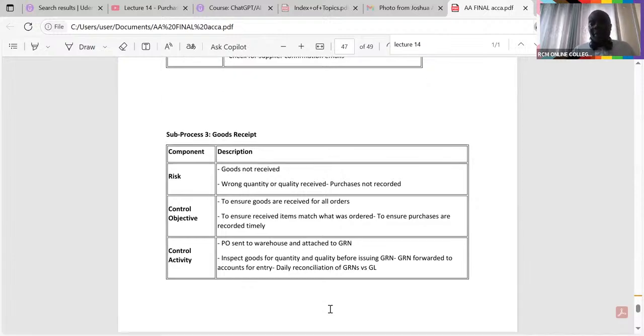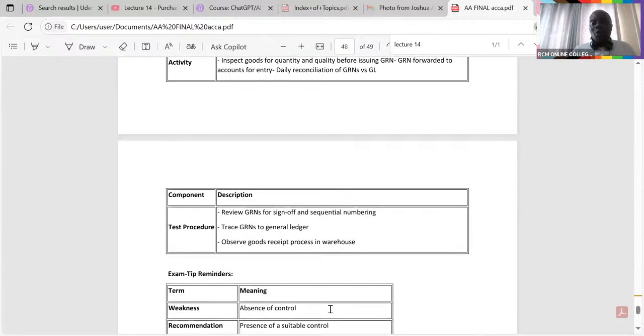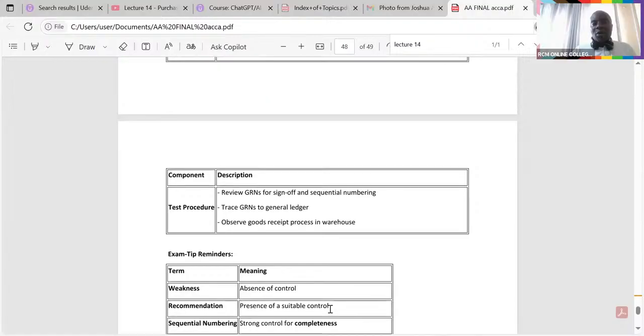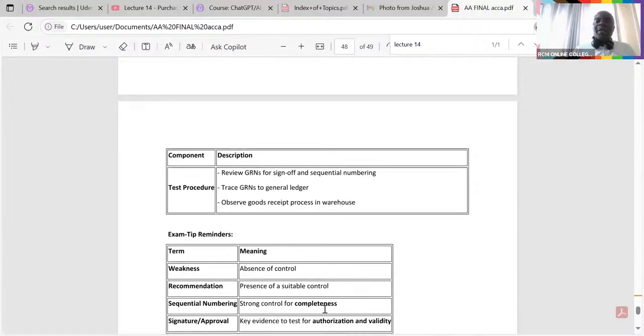Now, ladies and gentlemen, from there, I will be able to come in now as an auditor, as Aura and Co. What am I looking at? As Aura and Co., what I'm looking at, ladies and gentlemen, is my audit procedure. So in my audit procedure, I will be able to review all the goods received notes for the signatures and the sequential numbers.